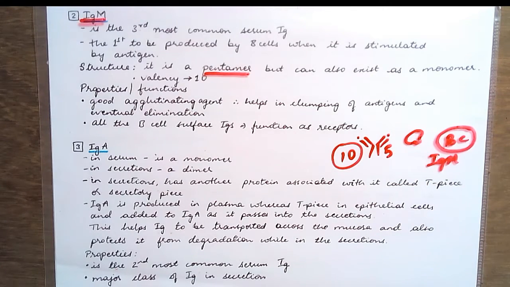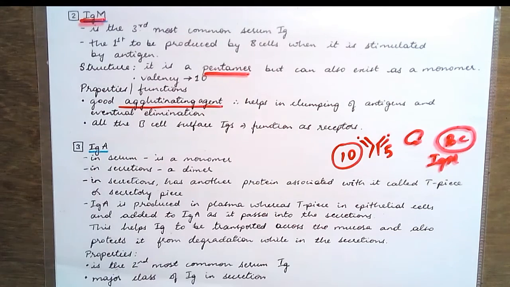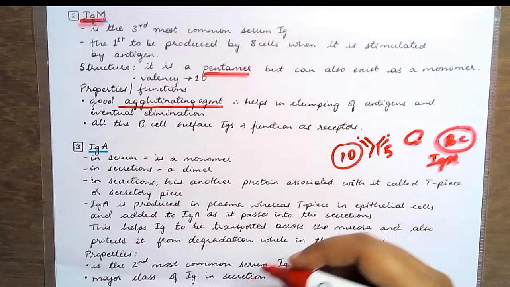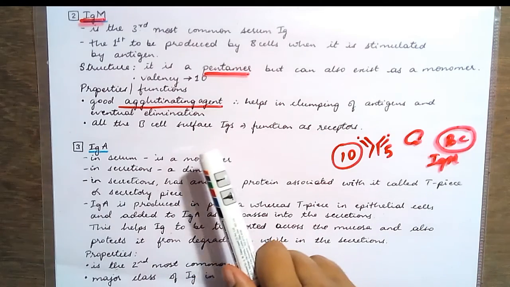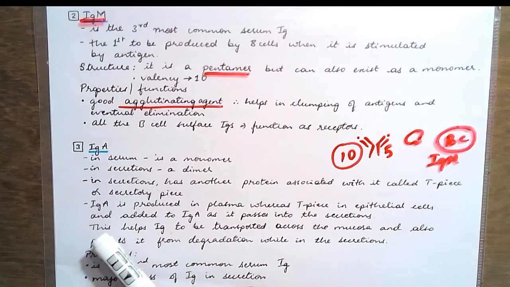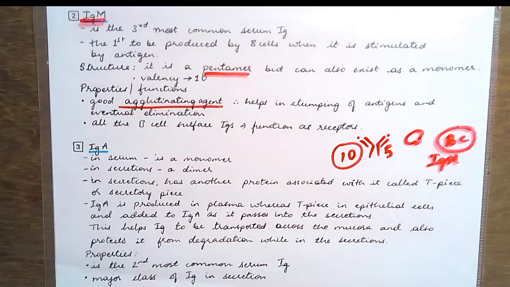Properties and functions: they are good agglutinating agents, and they help in clumping of antigens and eventual elimination. The third mechanism, which I spoke about in the previous slide, these IgM are very good at agglutinating. So most of their immune function is through the third mechanism.